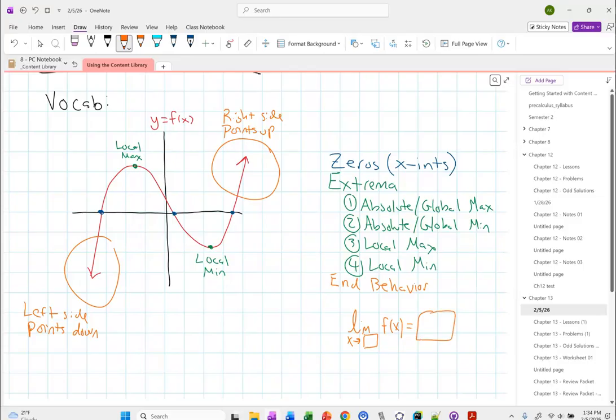So we're going to write it like this. The boxes that I've drawn there are the pieces that you're going to fill in depending on what the graph looks like. But for every end behavior you're going to write limit as x approaches something, then the function name, f of x or g of x or an equation, and then equals something. Okay?